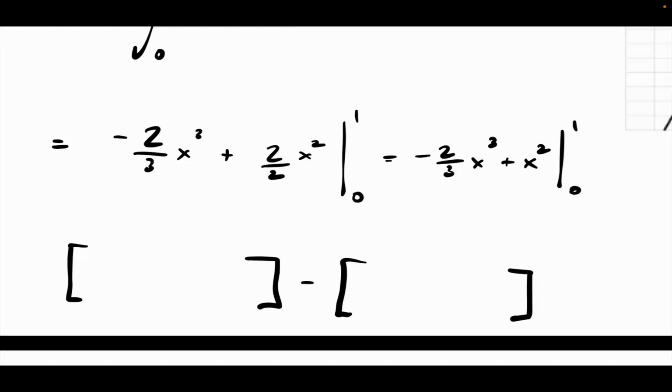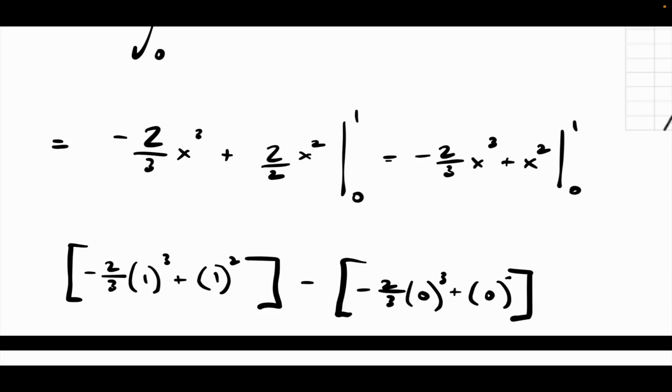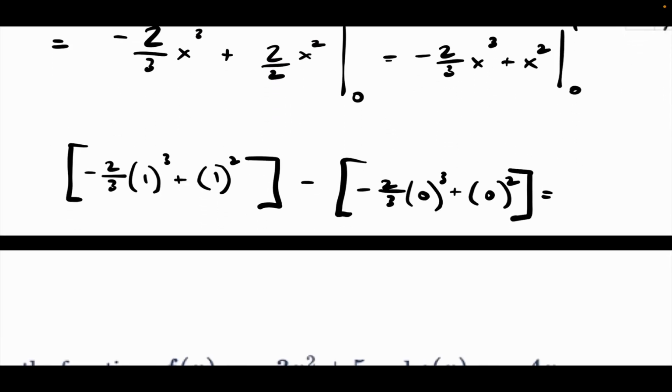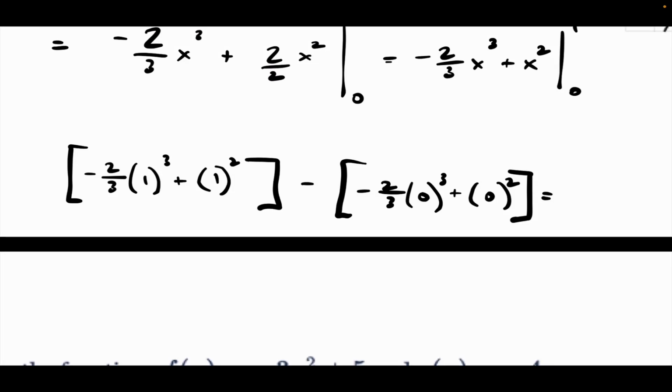Okay, so I'm going to plug in 1 first. We've done this part many times before. Haven't done it in a while, but still, you guys have done it lots. And then I'm going to plug in 0. Okay. So 1 cubed is 1 times negative 2/3 is negative 2/3 plus 1.